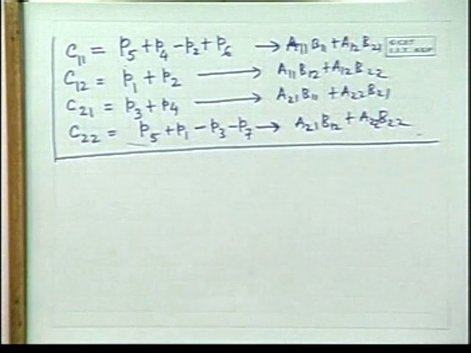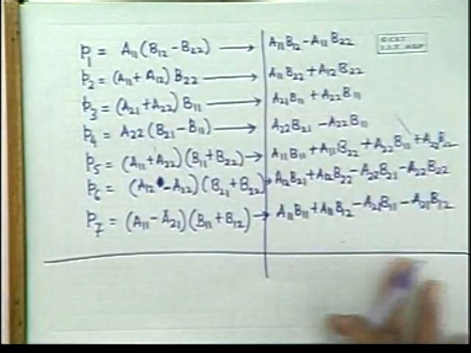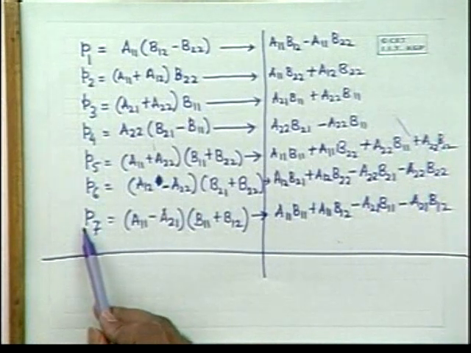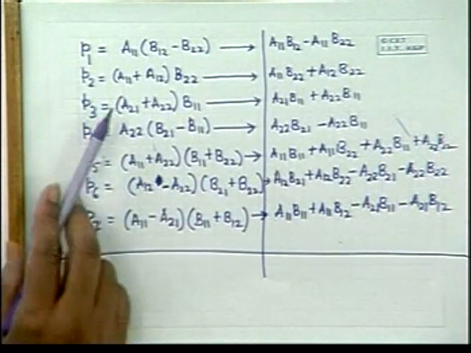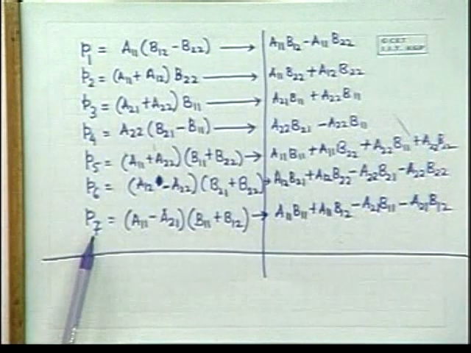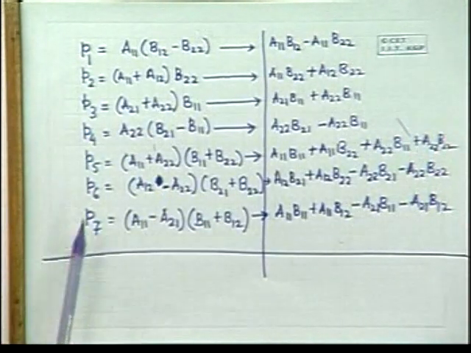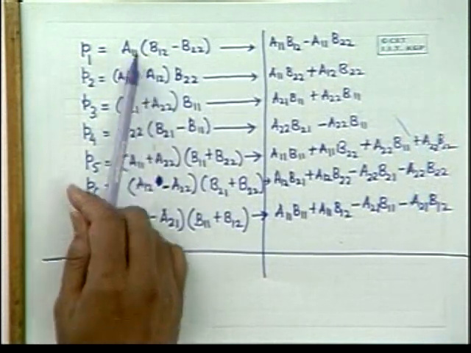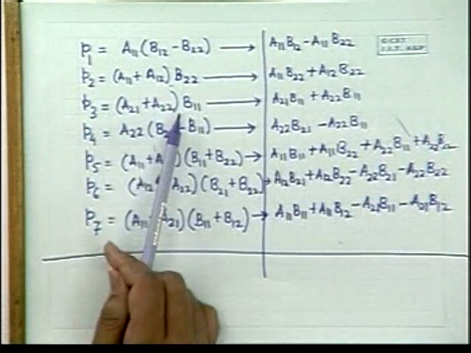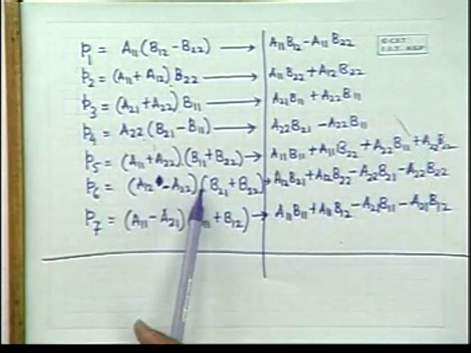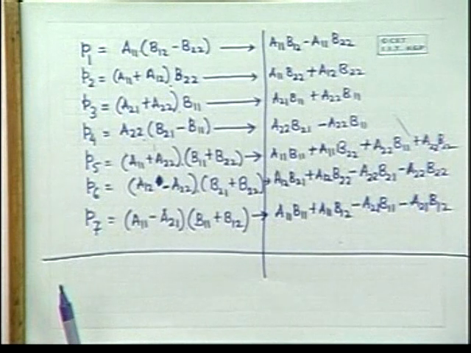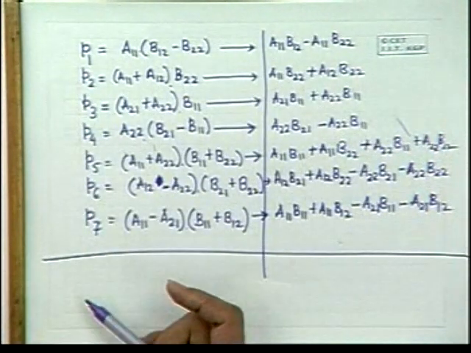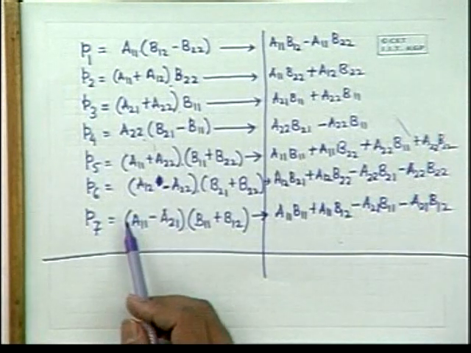Now let us go back to these previous equations. To form the Pi's, we have to give a recursive call to matrix multiplication. How many matrix multiplications are we using? There are 7 quantities we have to compute, and each one requires only one matrix multiplication. Here is 1, 1, 1, 1, 1, 1, 1. There are additions, but as I told you, additions are nice.